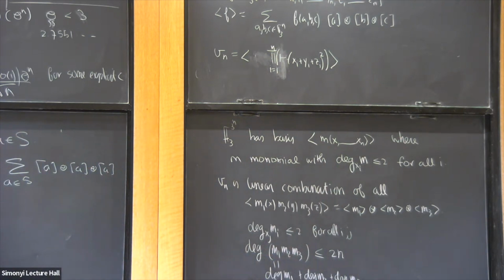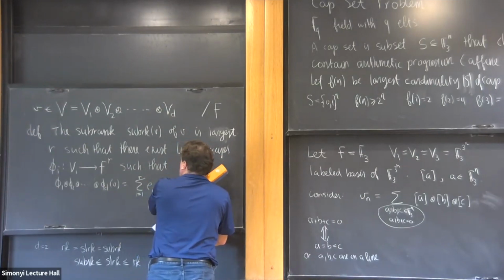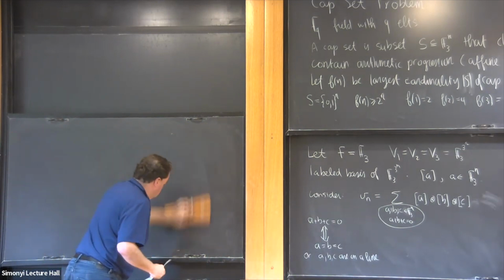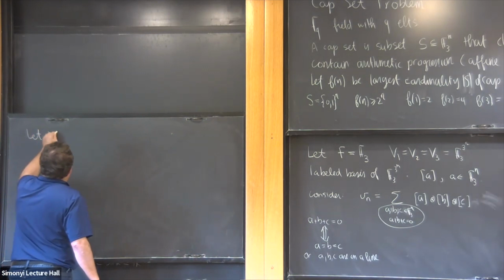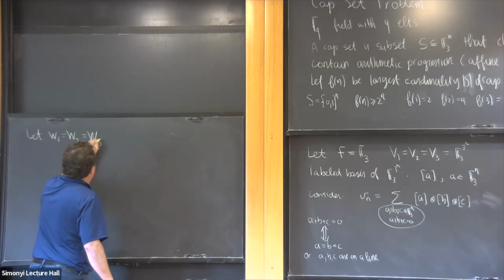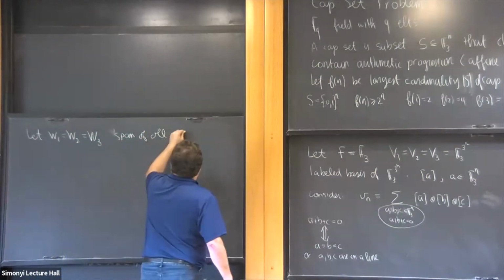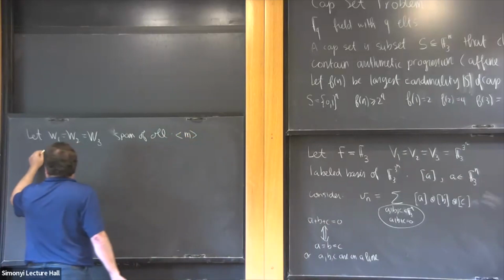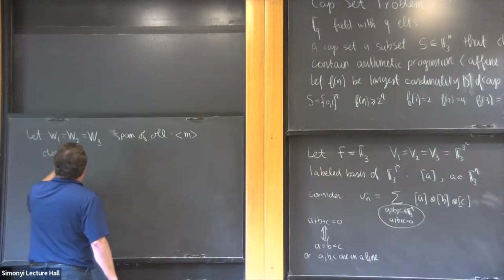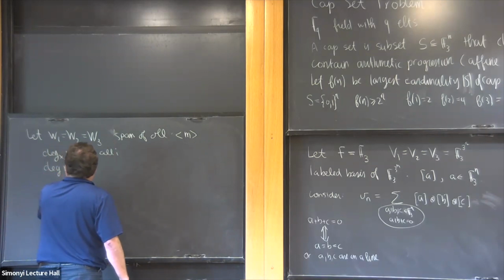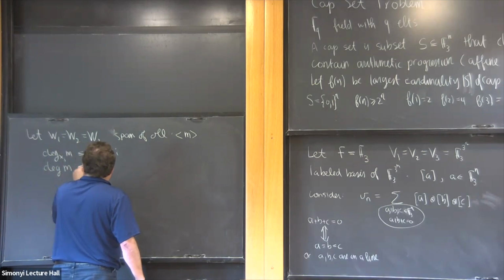So let W1, W2, W3 be the span of all monomials with the degree in each xi less than or equal to 2 for all i, and the degree of m less than or equal to 2n/3, let's say rounded down.